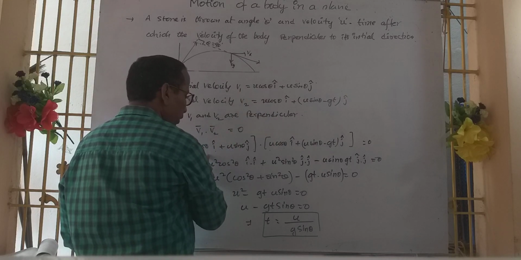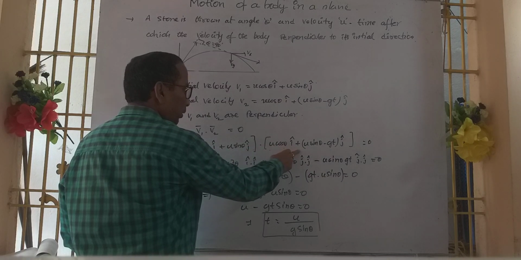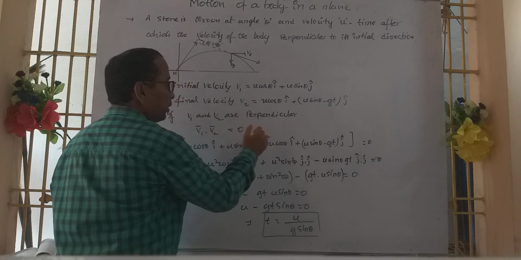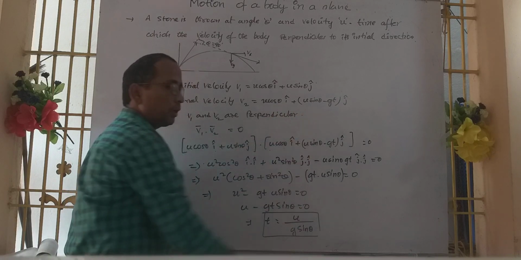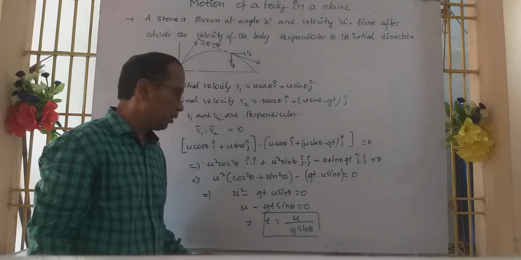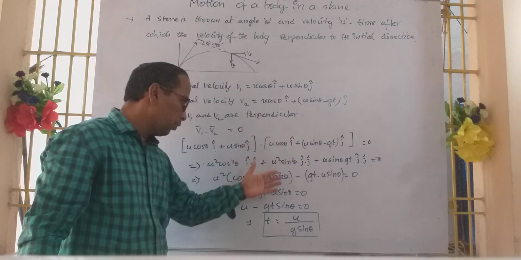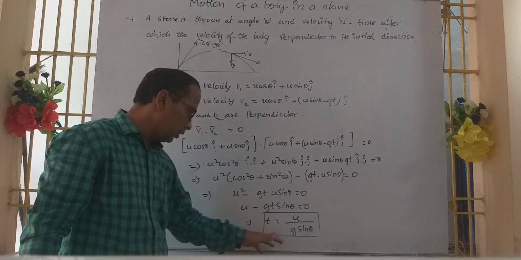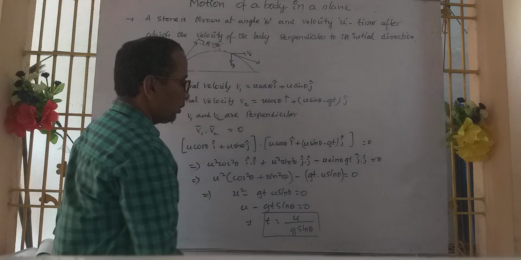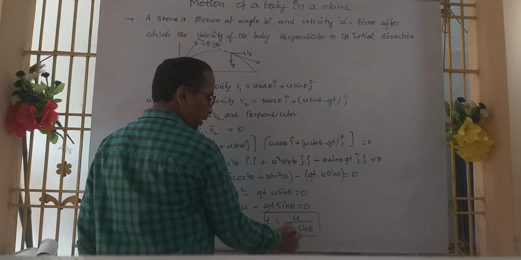This is one vector, this is the second vector. But what is the main difference? u cos theta is constant, but u sin theta is variable. If you are able to find the dot product, you will get the value t is equal to u by g sin theta. This is the answer.